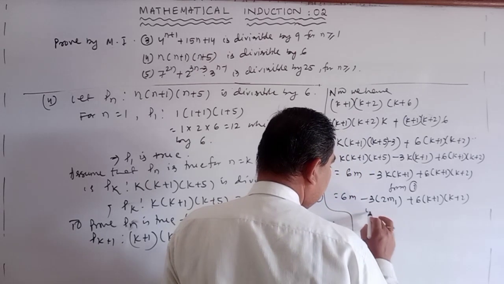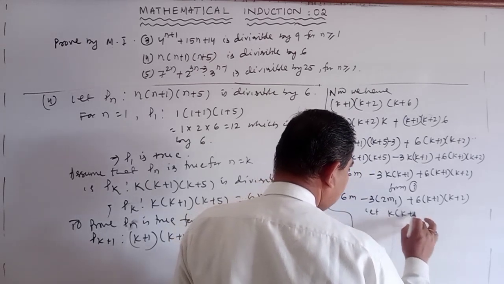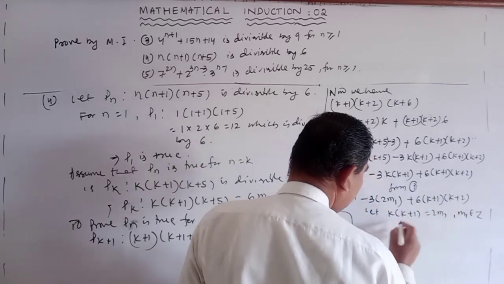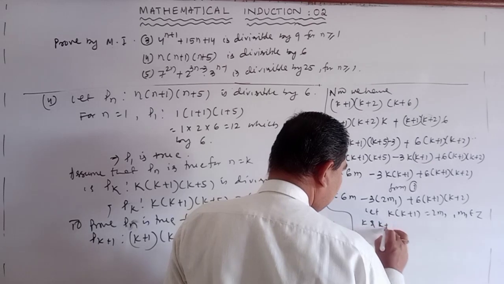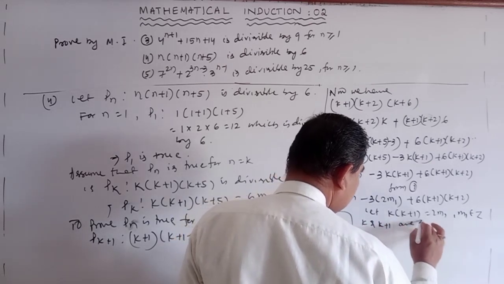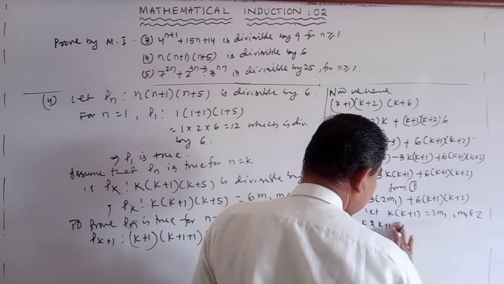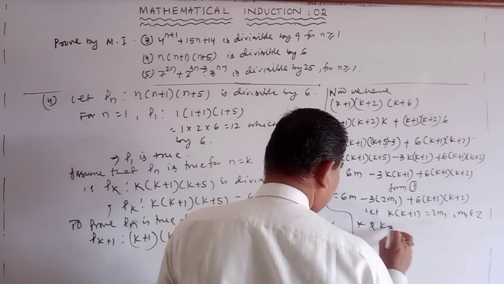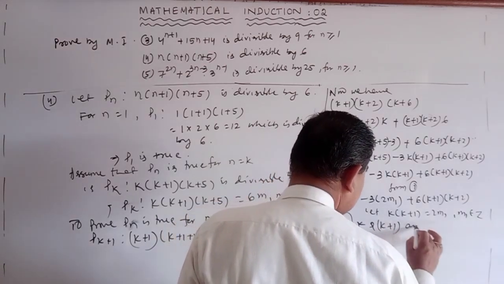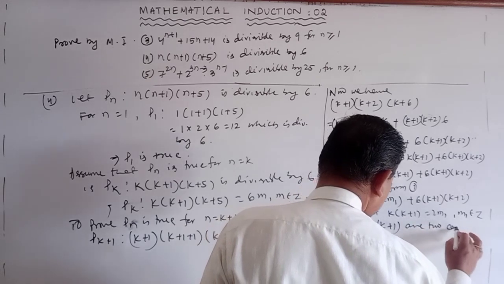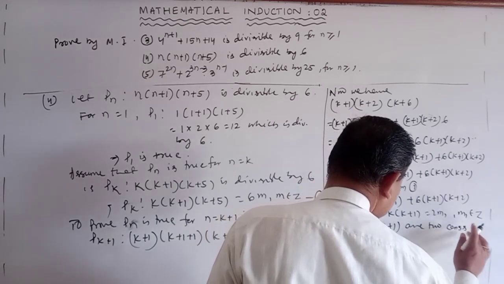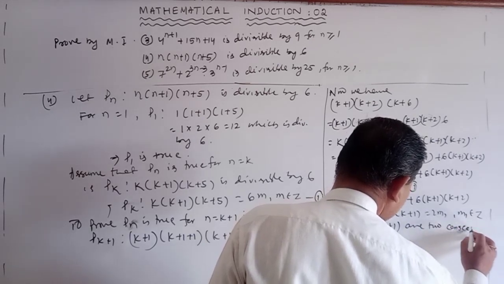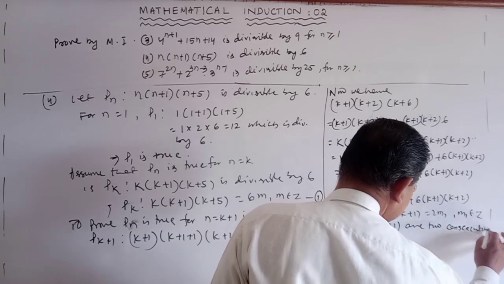So let k into k plus 1 be equal to 2m1, where m1 belongs to Z, because k and k plus 1 are two consecutive integers.